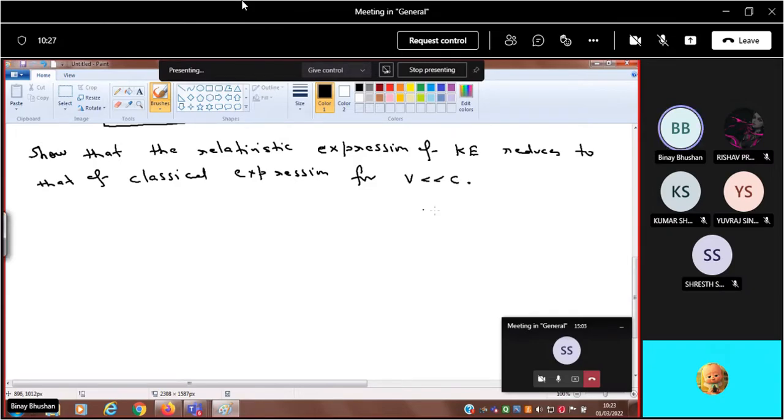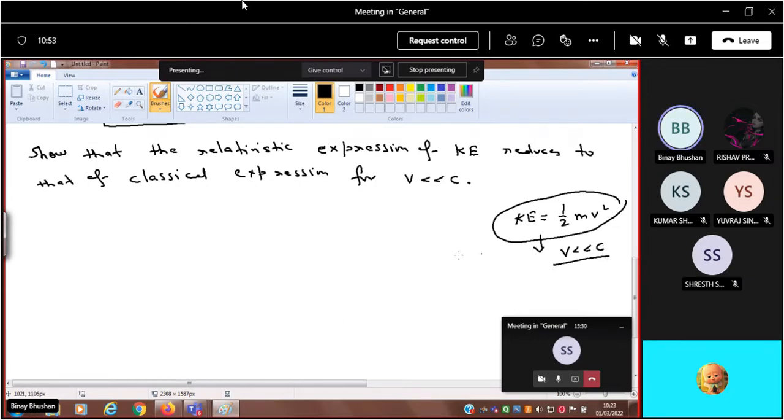We know that the classical expression of kinetic energy is half mv square. There is no question about that. It is still valid, but only when the velocity of the particle is very small as compared to c.